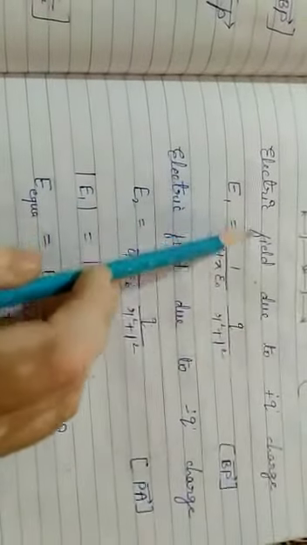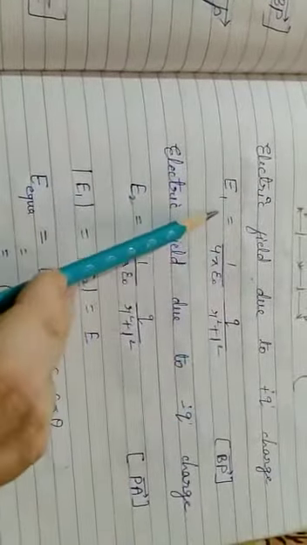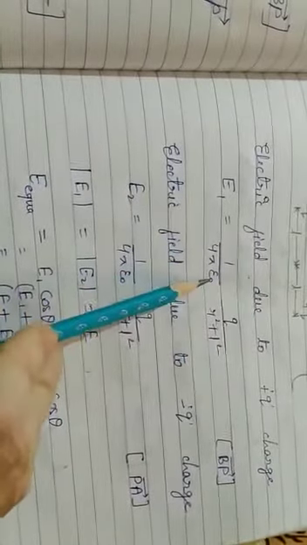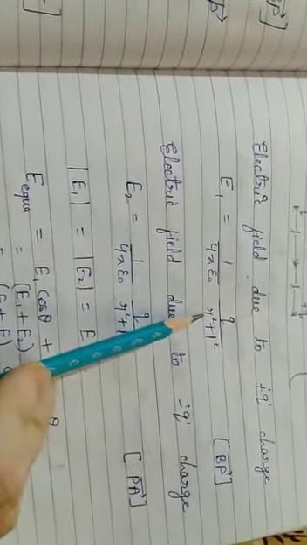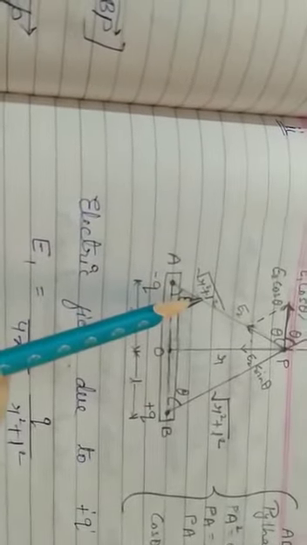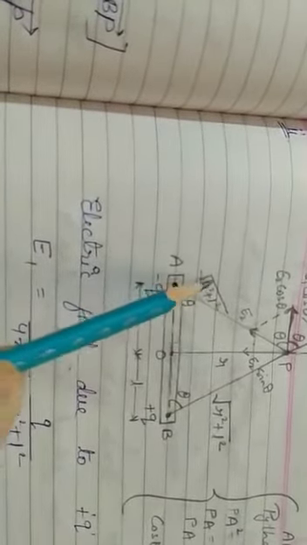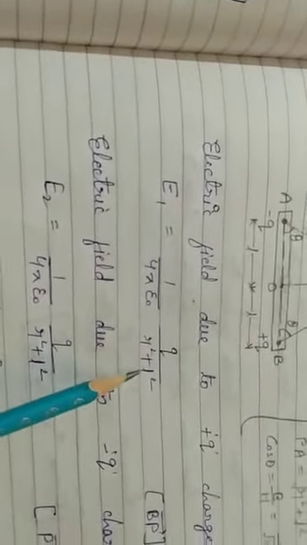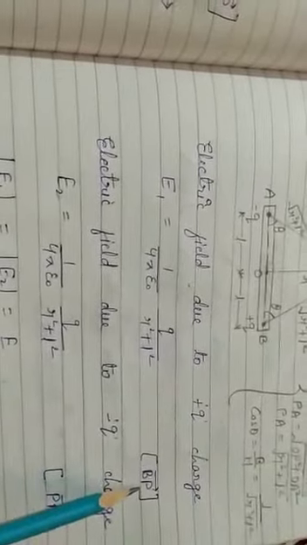So electric field due to plus Q charge, E1 equals 1 upon 4 pi epsilon naught Q upon distance square. Here the distance is root over r square plus l square. When we square it, the root will be removed. So r square plus l square, and its direction will be BP.